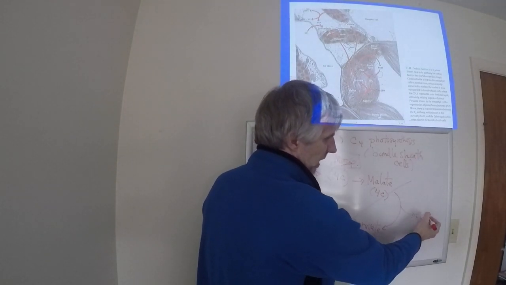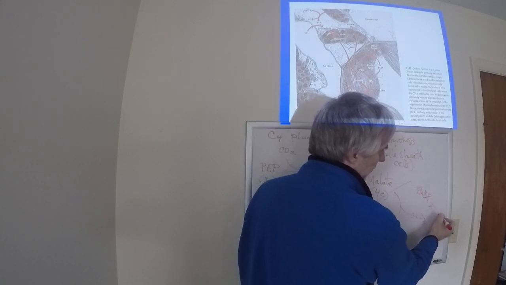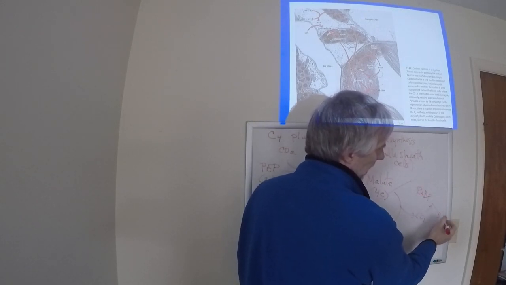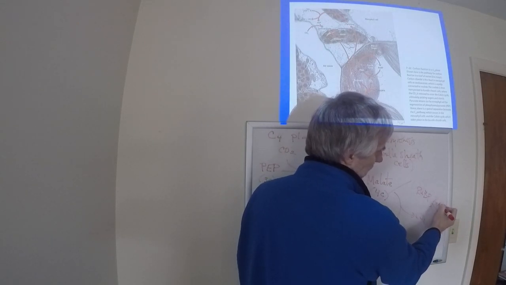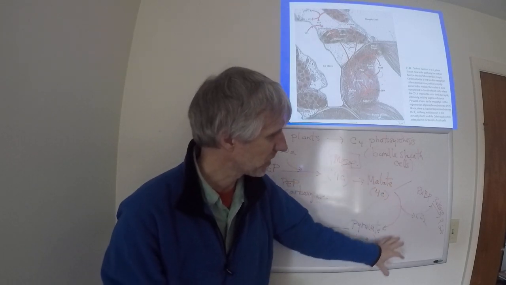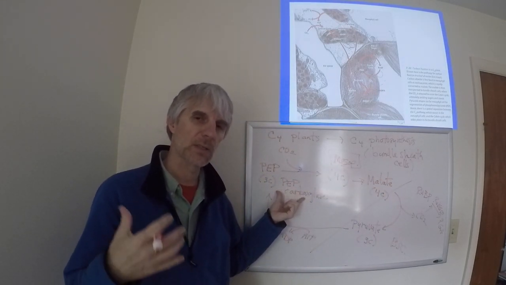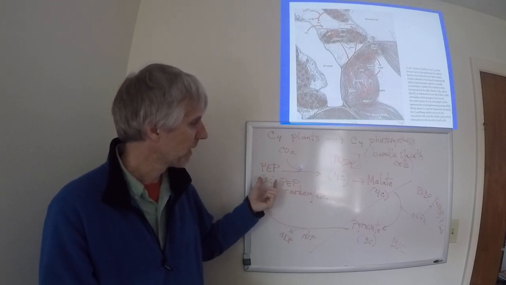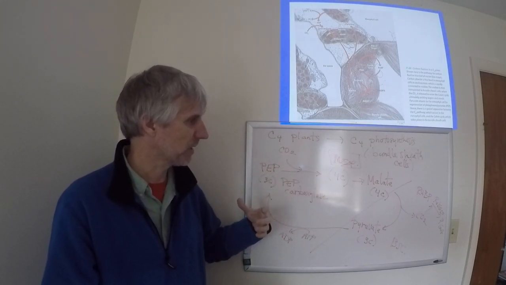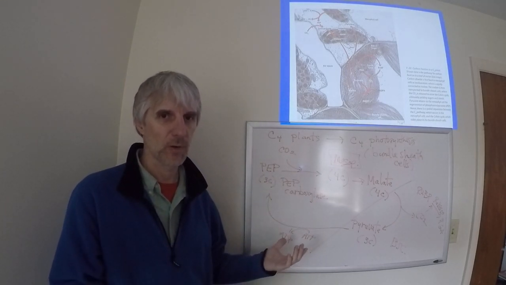This carbon fixation reaction over here is the one that we've done before, the RUBP to PGAL in the presence of rubisco. But in doing the reactions this way, because PEP carboxylase only grabs carbon, it can still do this reaction in the presence of lots and lots of oxygen. We don't have to worry about photorespiration.